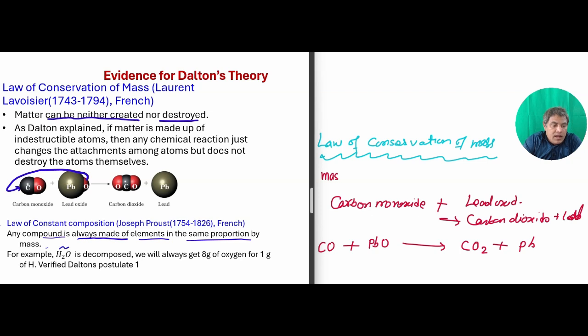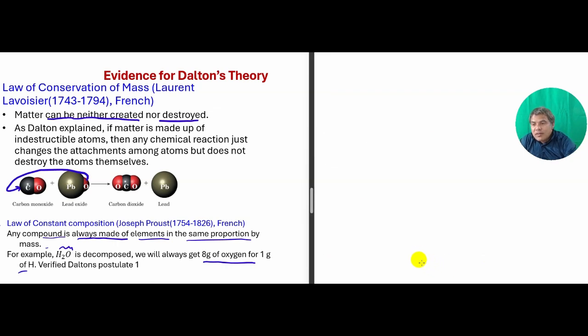For example, when H2O is decomposed, we will always get 8 gram of oxygen for 1 gram of hydrogen. It doesn't matter whether you break the water today or tomorrow, water from here or water from another place, if you decompose it, you will always get 8 gram of oxygen for 1 gram of hydrogen.